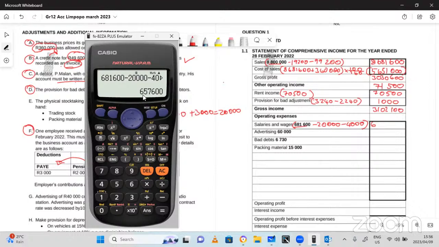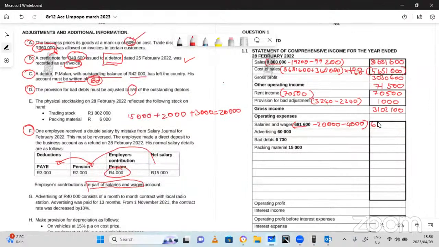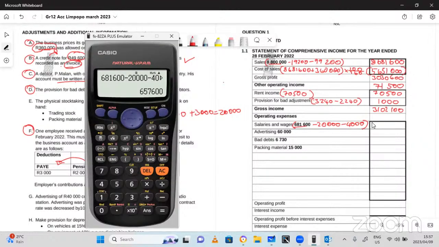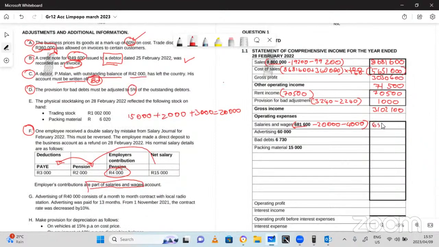So it's going to be 657,600 rands. So this is the correct amount for wages and salaries. Okay, I hope you are still together, guys. So I said it's 657,600.